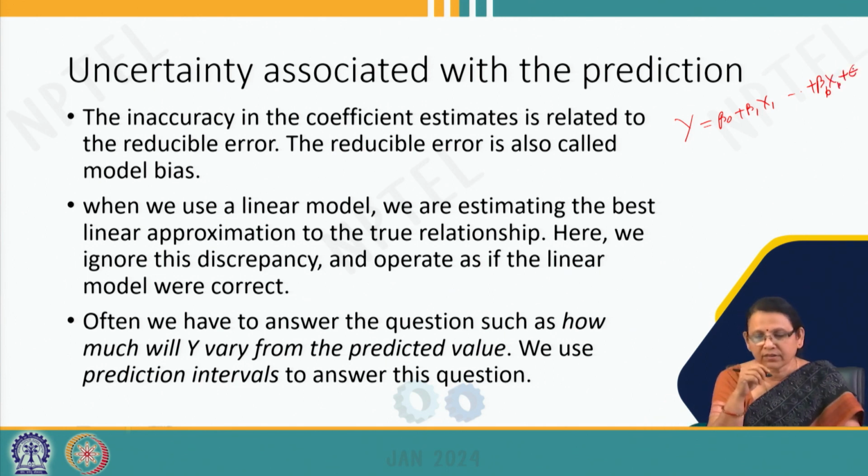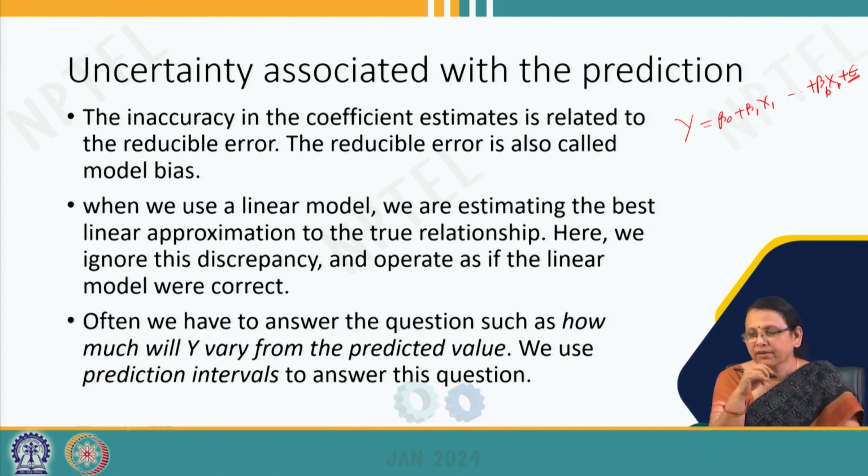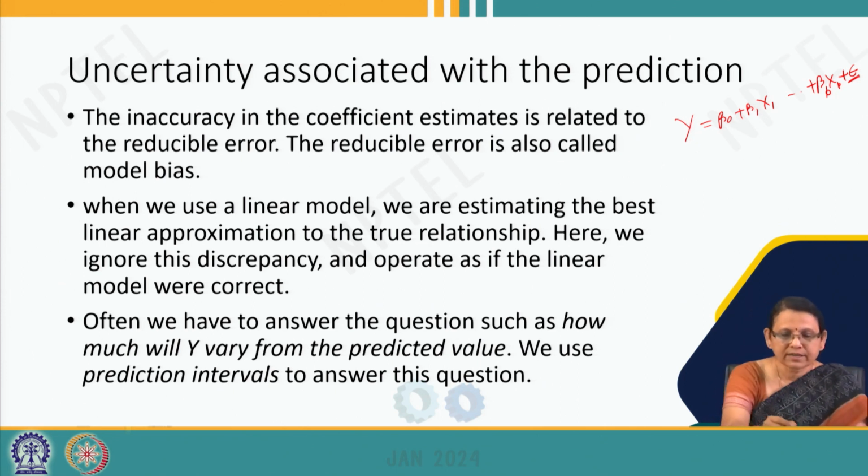So, that epsilon is some error which will always be there even if you correctly determine with right optimization the values of all these betas. So, this is called irreducible error.